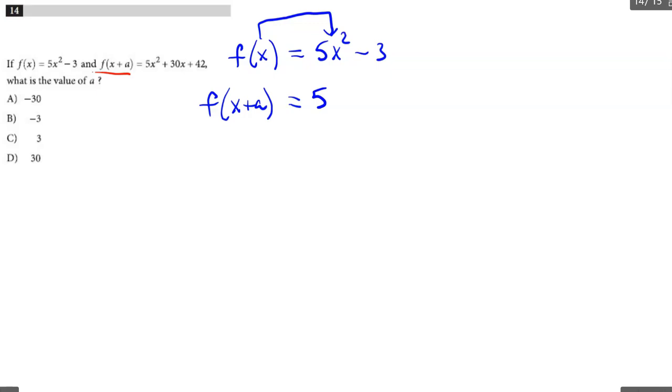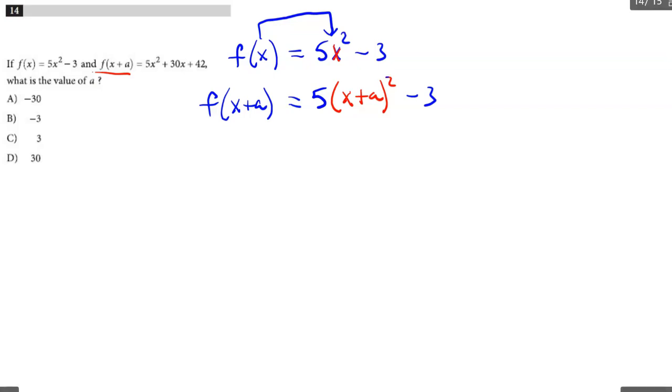So instead of 5x squared, I'm going to replace that with x plus a squared, and then leave this part the same. So the only thing I did was I kind of took out this x, and I replaced it with the x plus a.